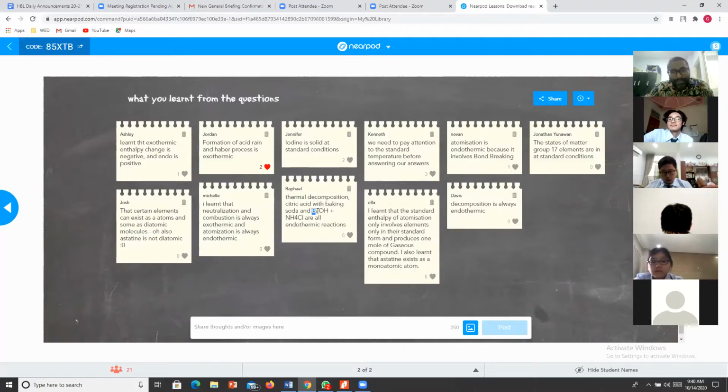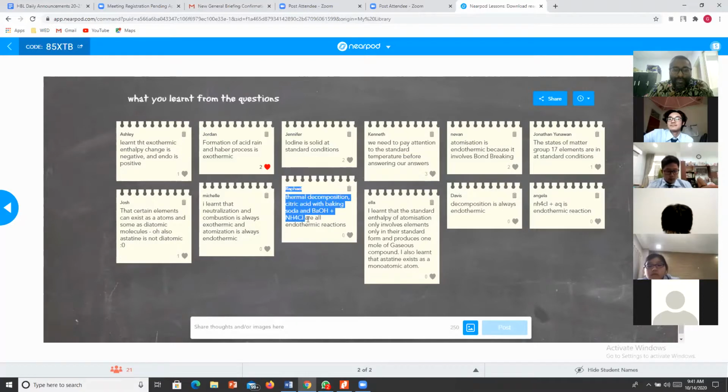I think Rafael, it's not barium hydroxide, it's actually reaction with water, with ammonium salts are endothermic reactions. I'm not sure whether barium hydroxide with ammonium chloride are all endothermic. Need to check. Anyway, ammonium chloride with water, yes, it's endothermic.